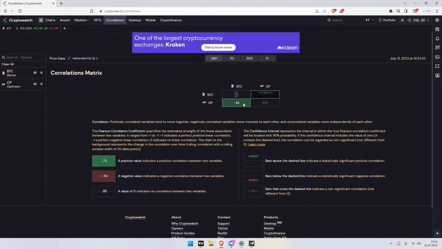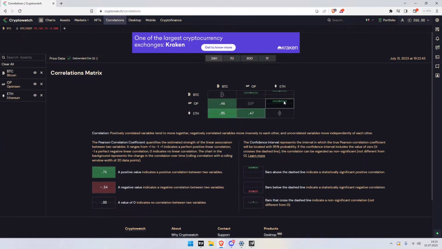If you are not aware of correlations, the closer this number gets to 1, the more correlated it is. If I add something super correlated, maybe ETH is 0.85, that's almost 1-to-1 correlation. But if you find things under 0.5, that's a good spot to take trades, and you don't have to be too bothered with what BTC is going to do, at least for the next couple of hours, couple of days.